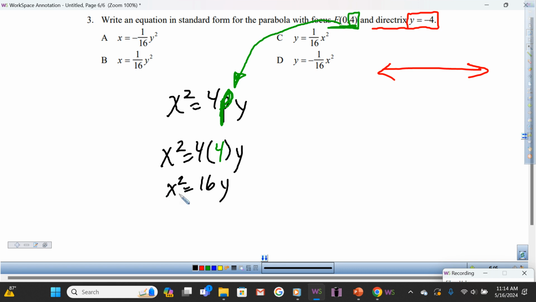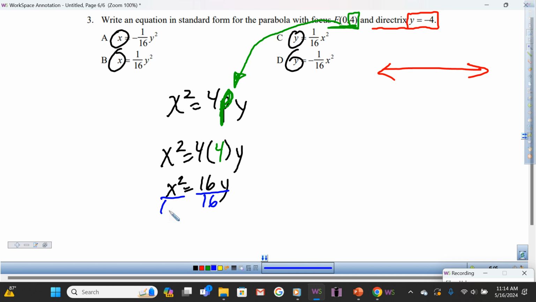Now, look at what we end up with, and look at the samples that they give us. They give us x by itself or y by itself. In this case, which one would be easier to solve for on this? The x or the y? The y, that is correct. So here you would do what?